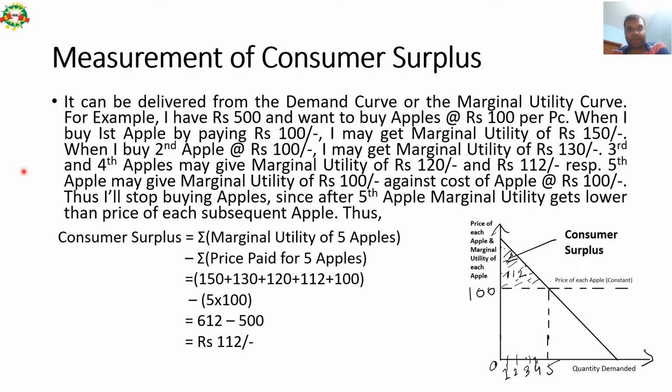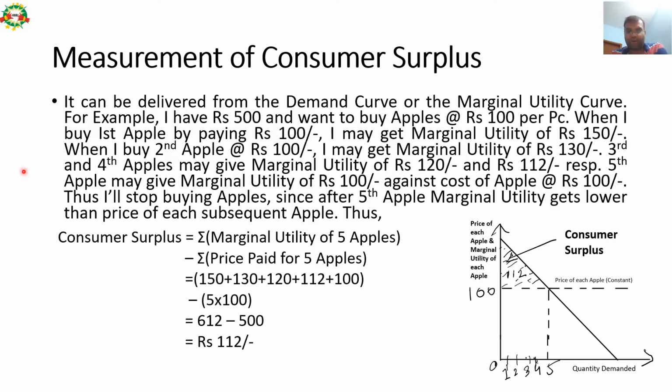When I buy the second apple by paying 100 rupees, I may get a little bit less, maybe 130 rupees. The third and fourth apples may give me marginal utility of 120 rupees and 112 rupees respectively, and the fifth apple may give me marginal utility of 100 rupees against the constant cost of an apple, which is 100 rupees. Thus I will stop buying apples.